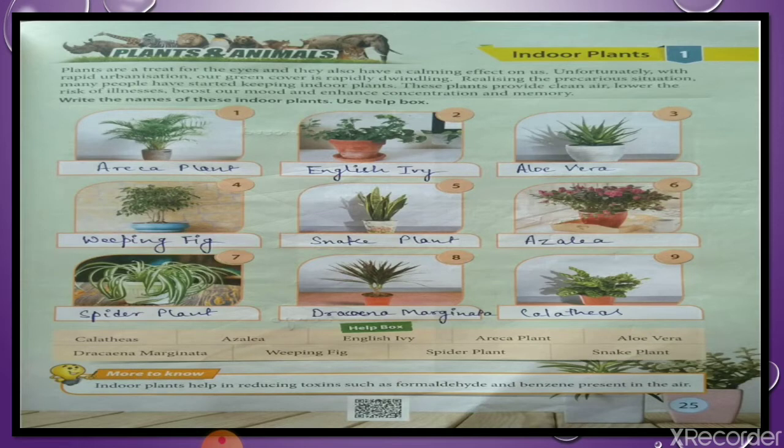Then third plant you can see, I think you all are familiar with this plant. This is the aloe vera plant. It is a very good air cleaner, and along with this it has a very soothing, cooling and moisturizing property. That is why you all know this plant is used in various cosmetics also.